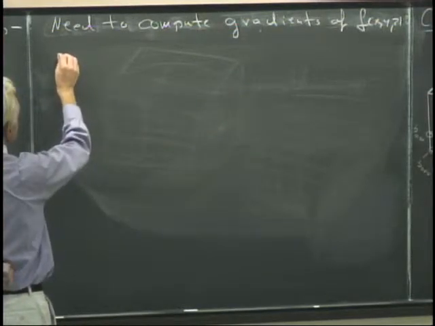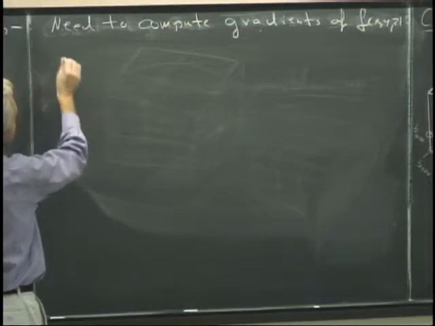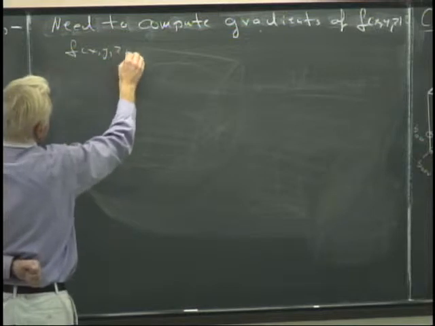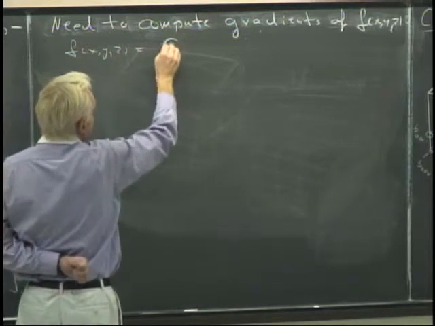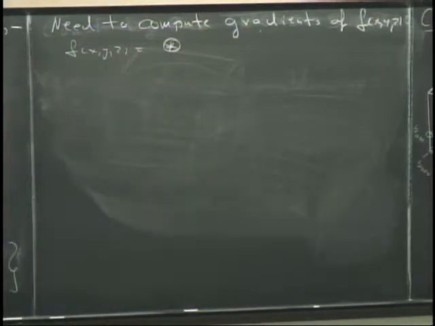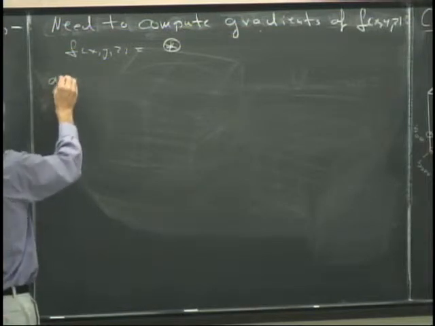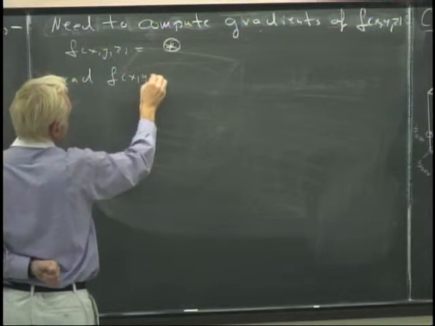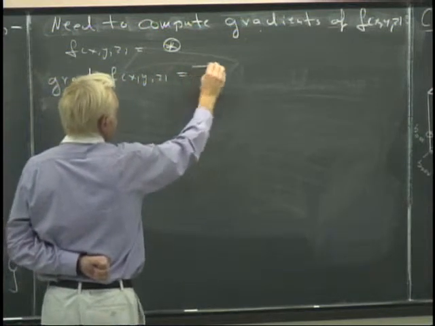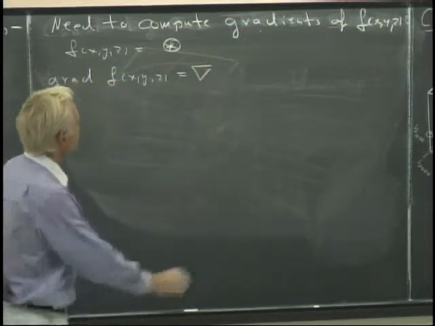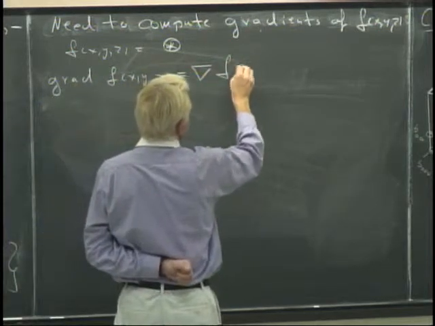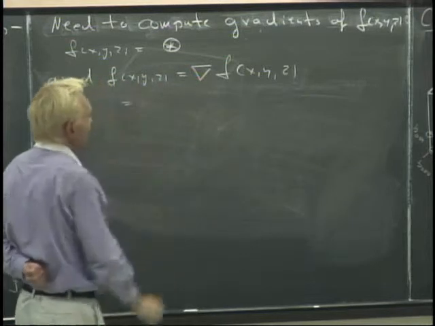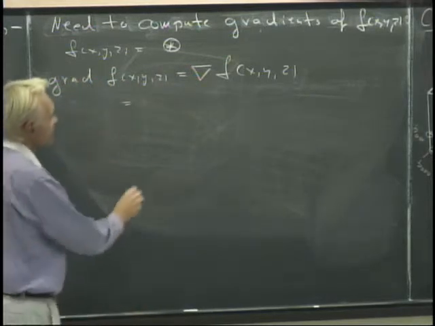So the gradient f is given over there. F of x, y, z is that formula star. And now we need the gradient. The gradient is the grad of f x, y, z, also denoted by this grad symbol, which is formally the vector of the 3 derivatives.